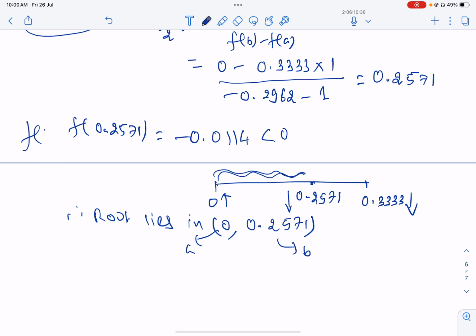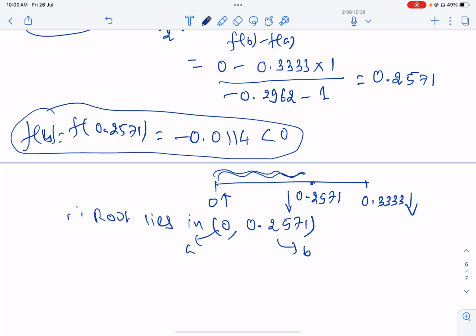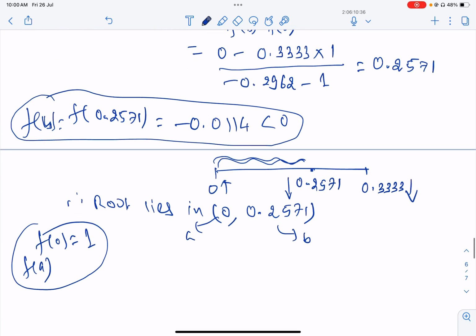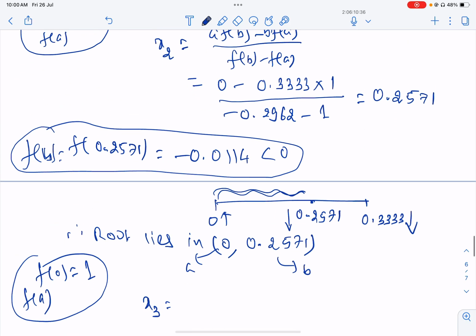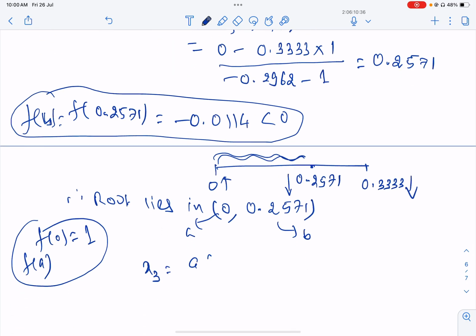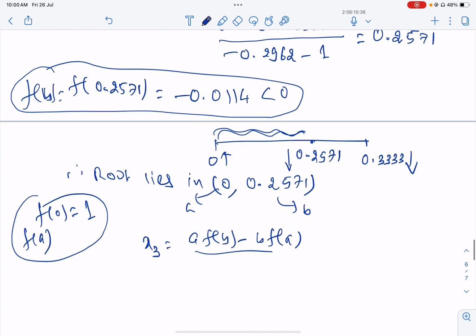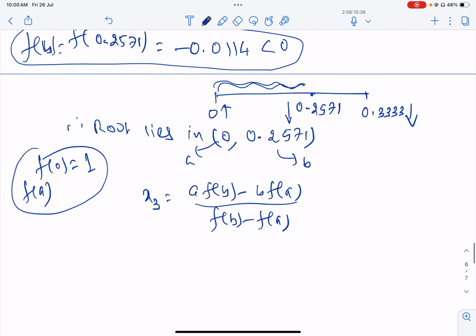So this is f of B, again f of A. So f(0), that is 1, is our f(A). Okay, so now again the same. So let us take the third iteration, x3. Again the same formula, (A f(B) minus B f(A)) upon (f(B) minus f(A)).